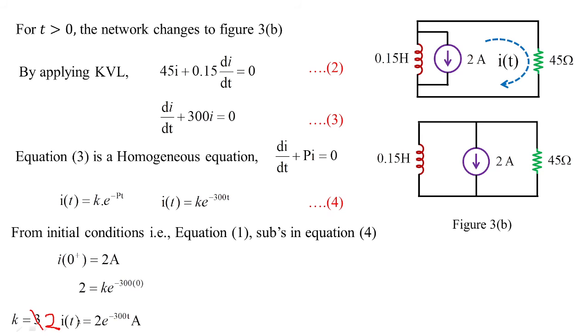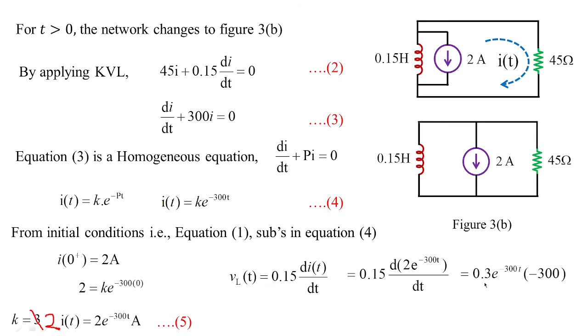Now that is the first case we require. Another case we require is VL of t. VL of t is given by L di by dt. The L value is 0.15 times d by dt of 2 e to the power of minus 300t, which is the I of t we got in equation 5. So just substitute the value of I of t. 2 multiplied with 0.15 gives 0.3 e to the power of minus 300t.